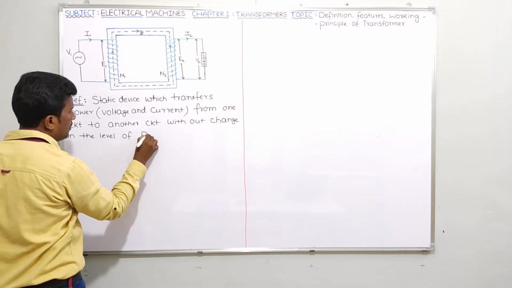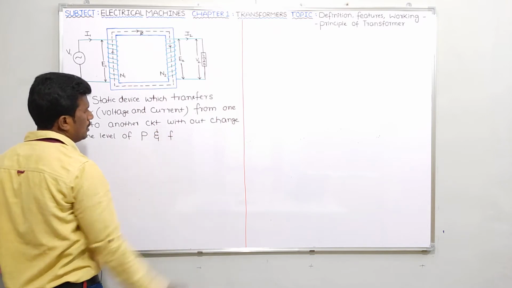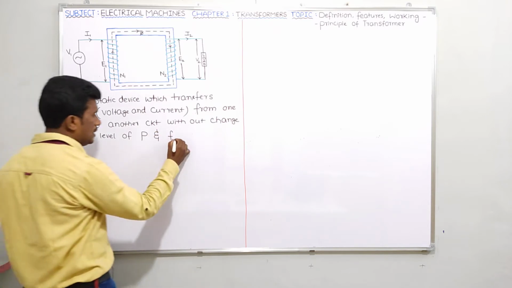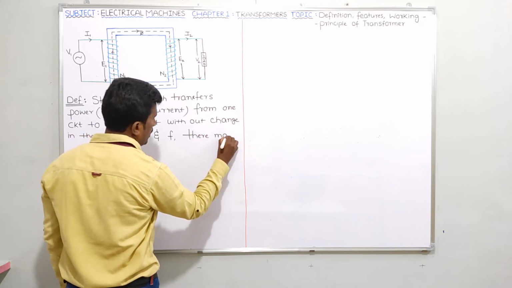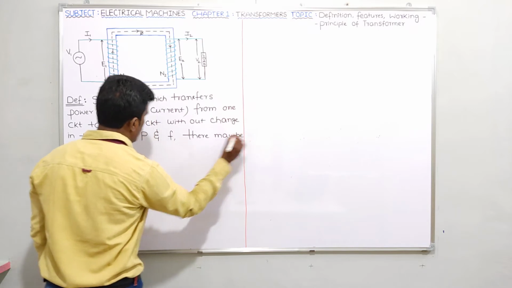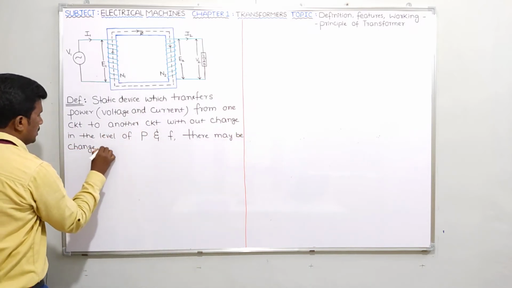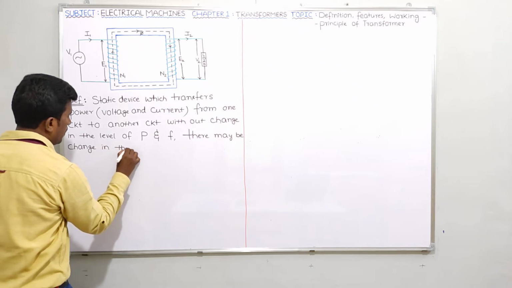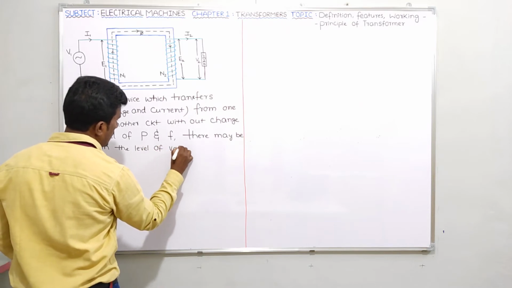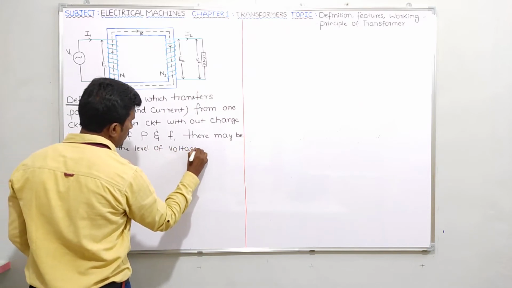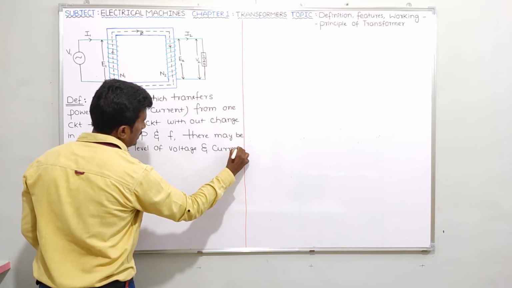Let me write in short, power means P, and I am writing frequency as F. Without change in the level of power and frequency, comma, there may be change in the level of voltage and current. Is it clear guys? Is it clear?